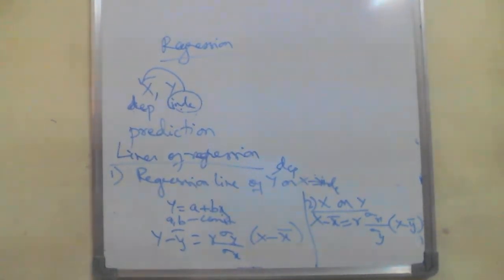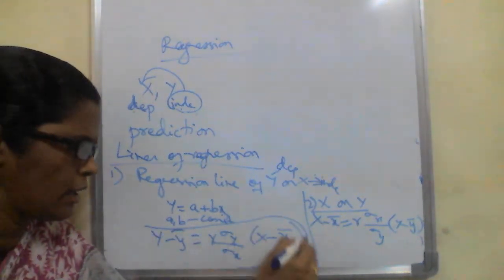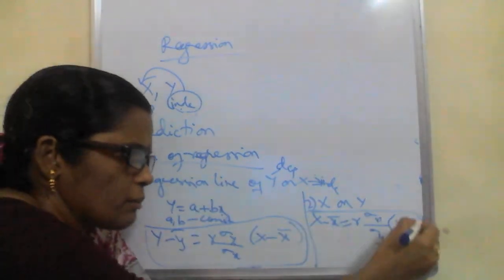Again you have properties of the regression coefficient, and what the regression coefficient is I will tell you in the next class. I will give you some notes on how to find the y on x and x on y problems, and I will send you that. You have to learn this formula and this formula.